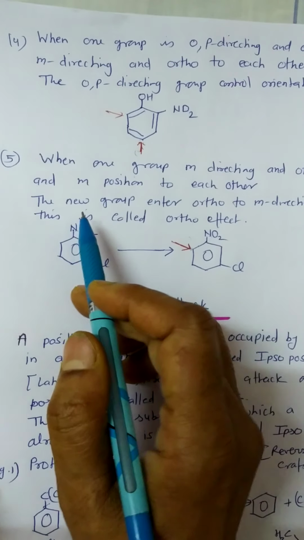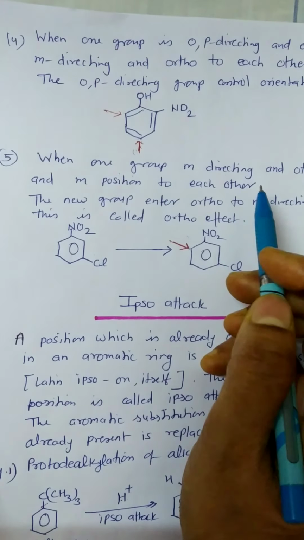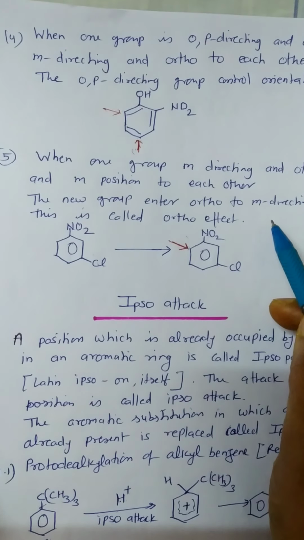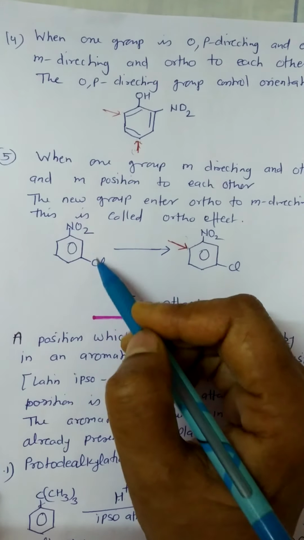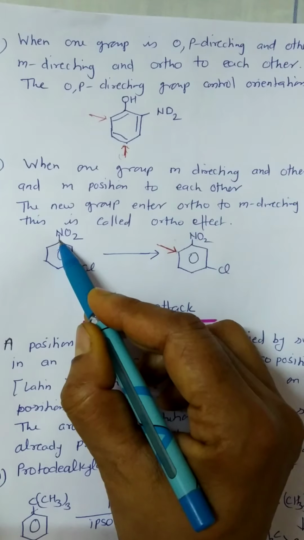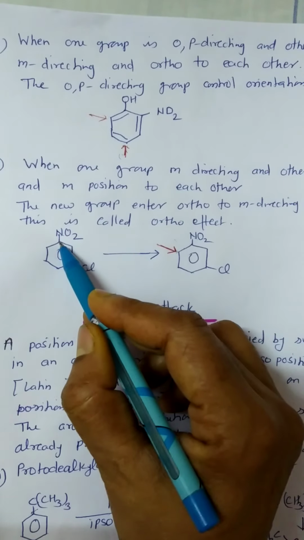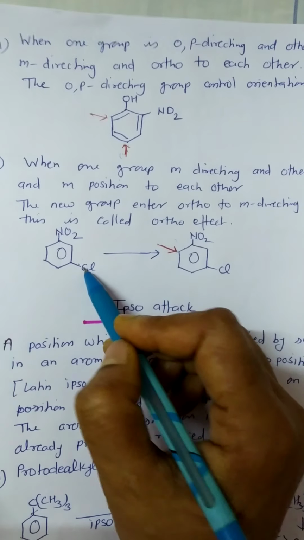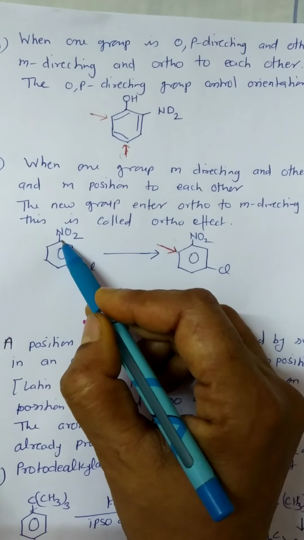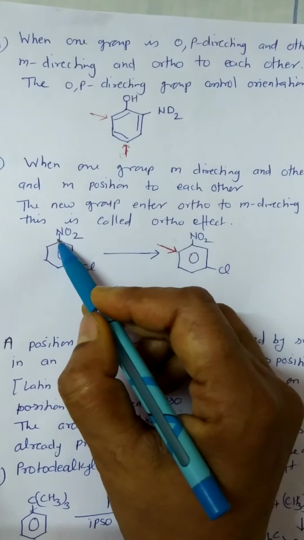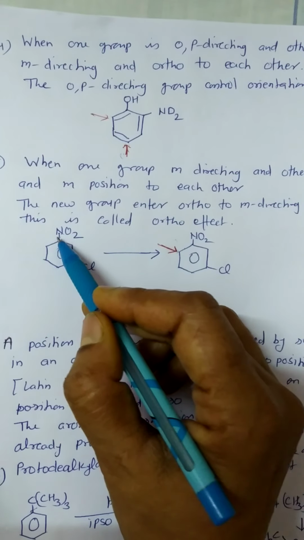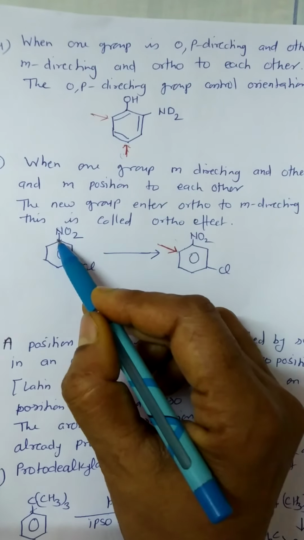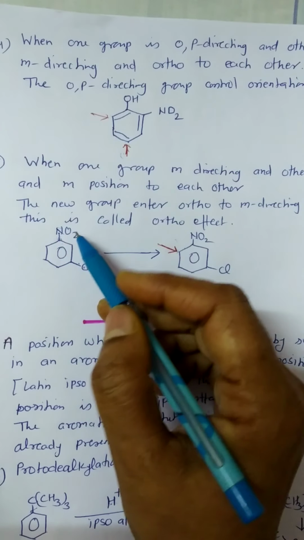Fifth one, when one group is meta directing and the other is ortho-para directing and meta to each other. Here NO2 group is meta directing and Cl is ortho-para directing. Therefore, the meta directing group controls the orientation and the new coming group enters at the ortho position of this meta directing group. This is called ortho attack.